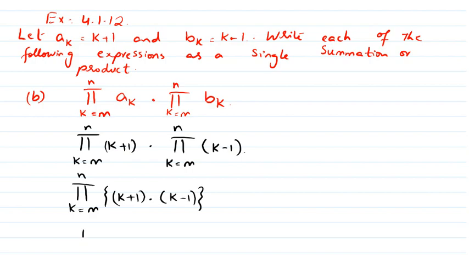So finally this is going to be K from M to N. What I'm going to have here is K square minus 1, that is K plus 1 into K minus 1.